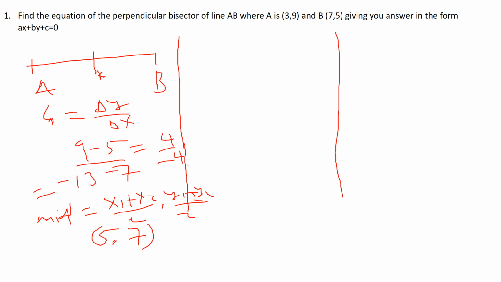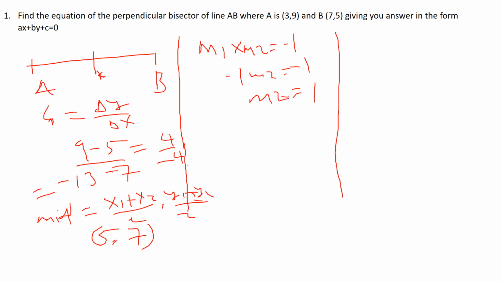So in this case, now to get the equation of that, we know the first gradient was negative 1, and we know that m1 multiplied by m2 is equal to negative 1. So m2 is equal to 1.